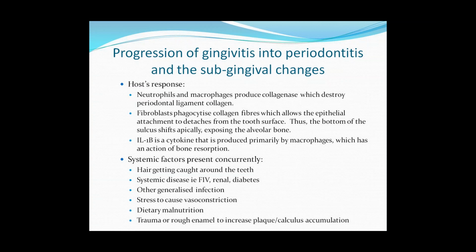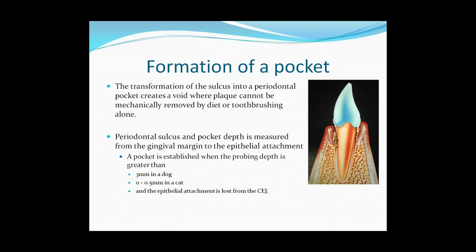Not that it's relevant, but in people, smoking, which causes vasodilation, is one of the most common causes of periodontal disease we see in humans. Maybe animals that smoke passively because their owners smoke may also suffer more periodontal disease. There's no proof of that, but it'd be interesting to look into. Malnutrition and trauma are also other causes of host immune factors.